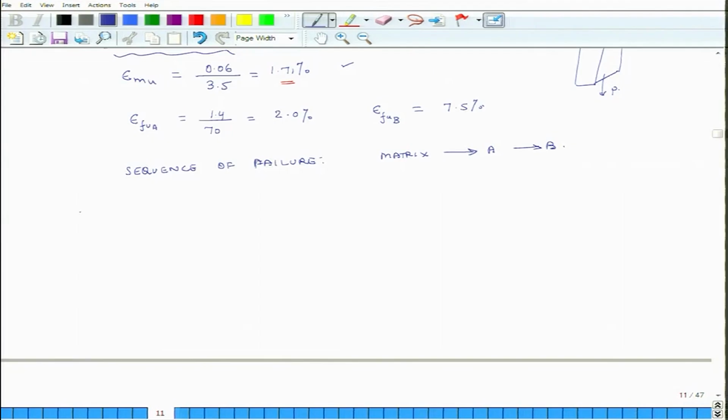So, the next thing is load when nothing breaks. That is the next thing we are trying to figure out. This is the second one.